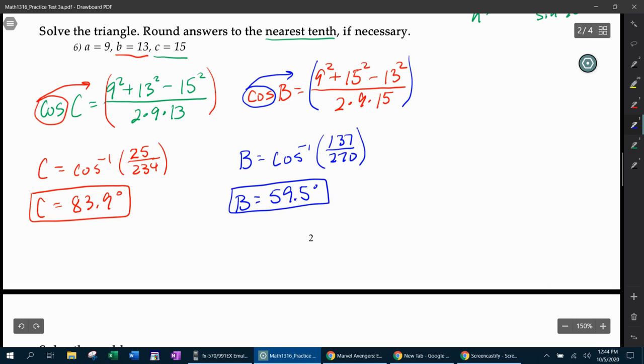And now you know what I'm going to do, right? Instead of using the law of cosines again, I am going to use arithmetic. All three angles have to add up to make 180.